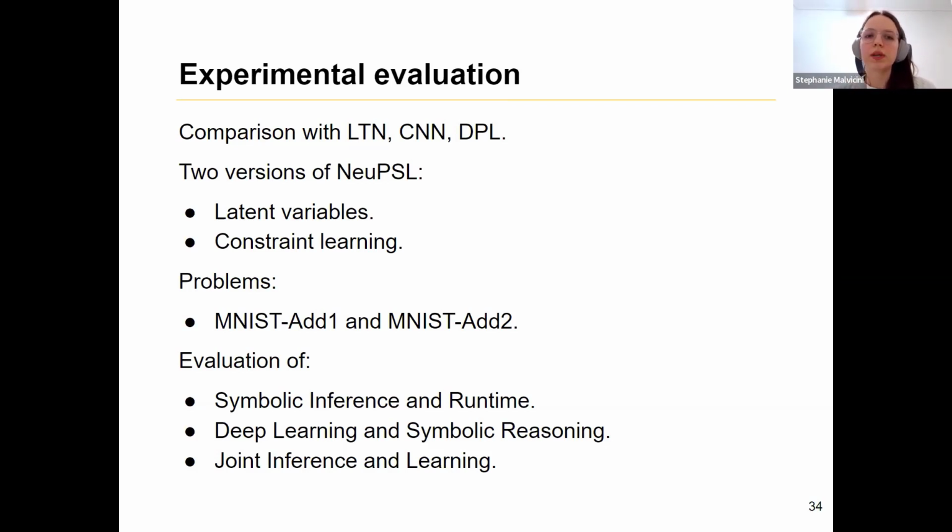They also implemented two different versions of NeuPSL for these experiments, the latent variables one and one using constraint learning. Then the problems they used to test these models are MNIST-1 and MNIST-2, and they evaluate accuracy, inference time, and how joint inference and learning can provide better results for NeuPSL.